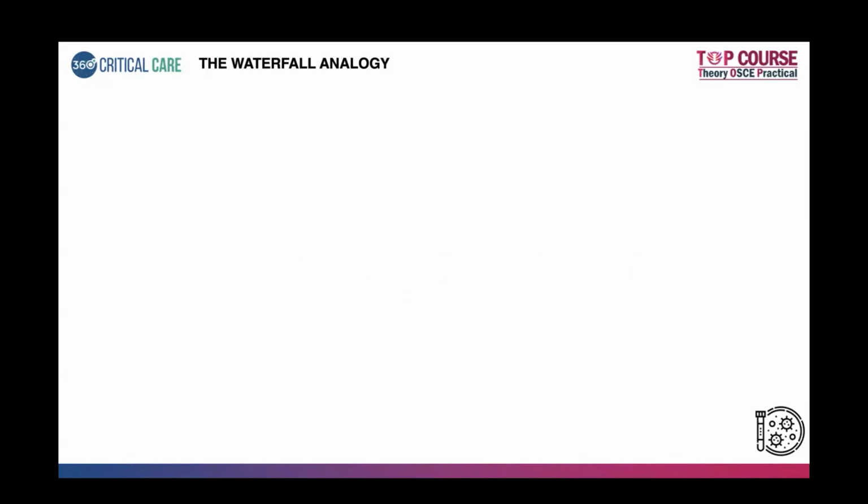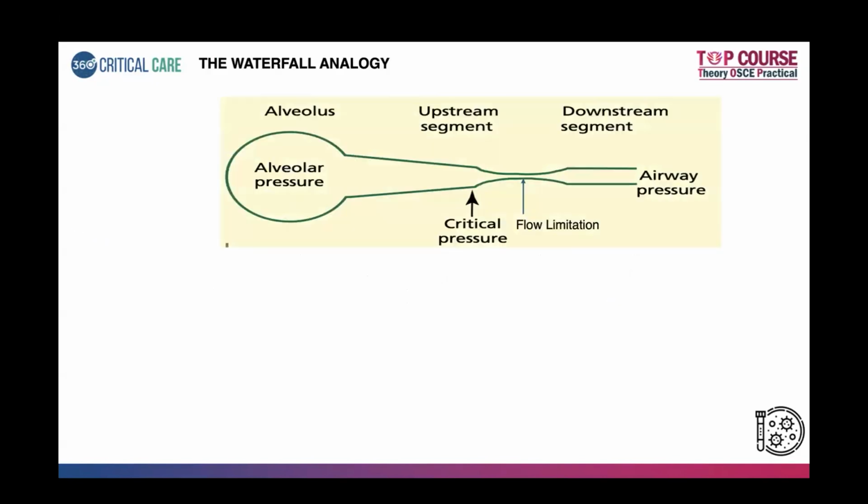So, coming to the waterfall analogy, here the important thing, if at all it is being asked, the first diagram that we need to put is this diagram. So here you can see that there is an alveolus, that is the distal alveoli, which is the upstream segment, and the proximal airway, which is the downstream segment.